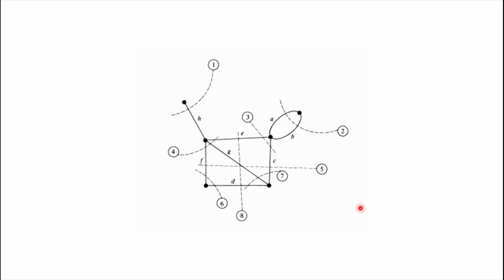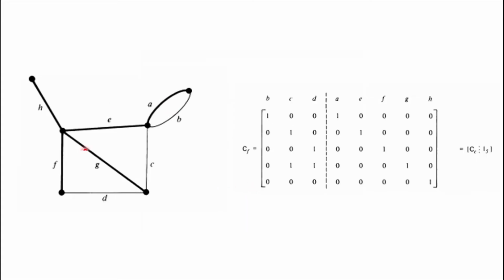So this is the graph. The first step to get a fundamental cut set matrix is that we need to convert this graph into a spanning tree. So this is the spanning tree of that particular graph. Here the edges H, E, G, F, A are the branches of the spanning tree, and the edges B, C, D are the chords of the spanning tree.